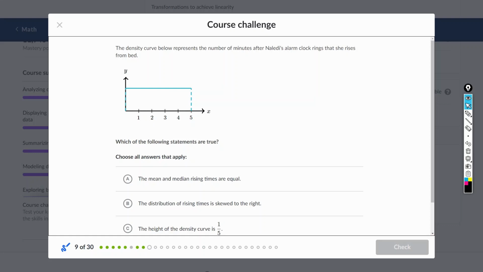The density curve below represents the number of minutes after Anne's alarm clock rings that she rises from bed.